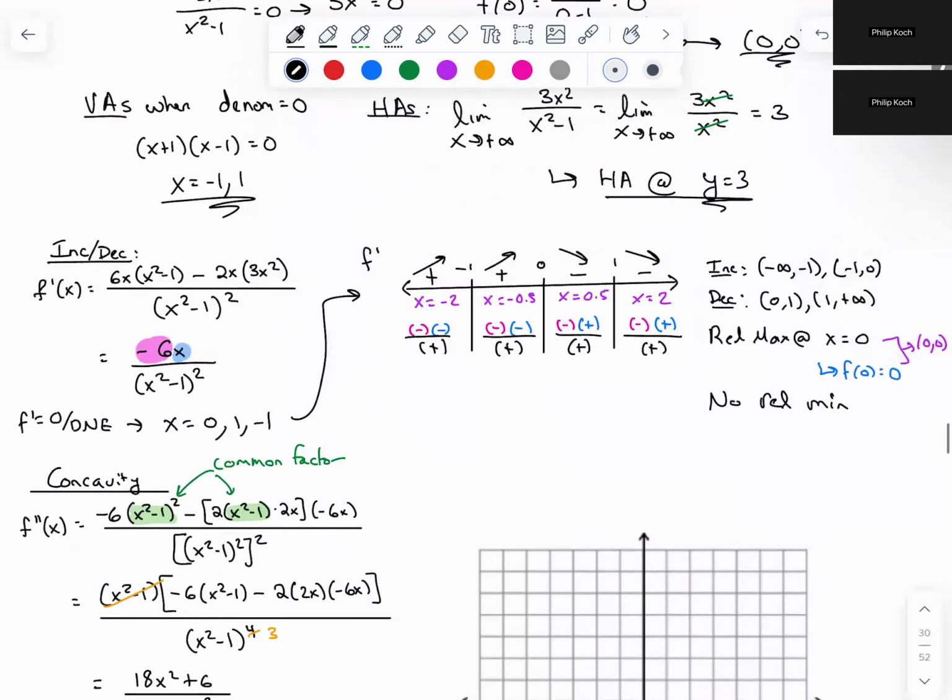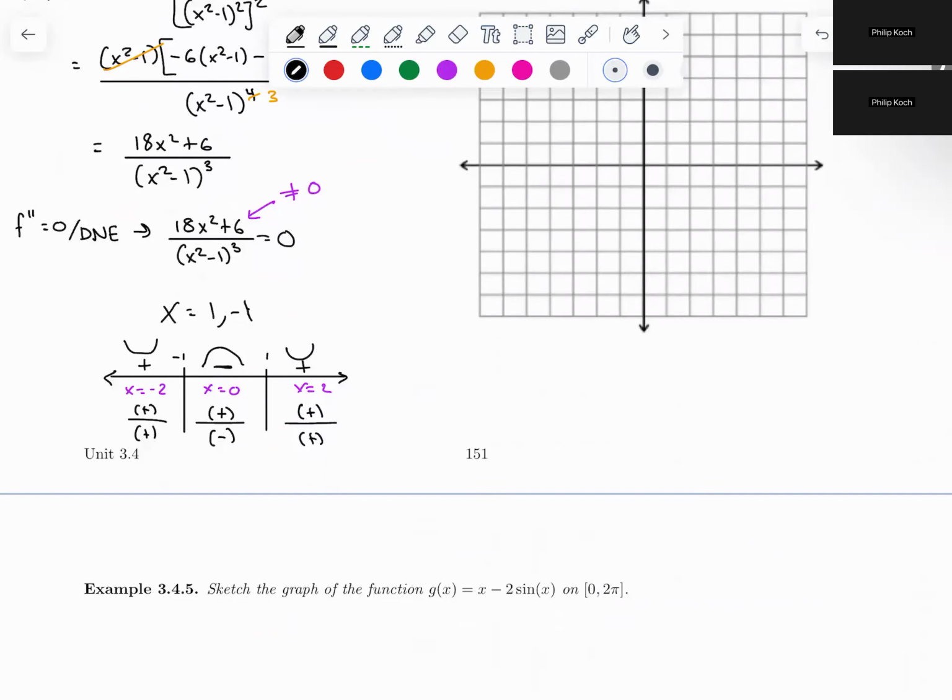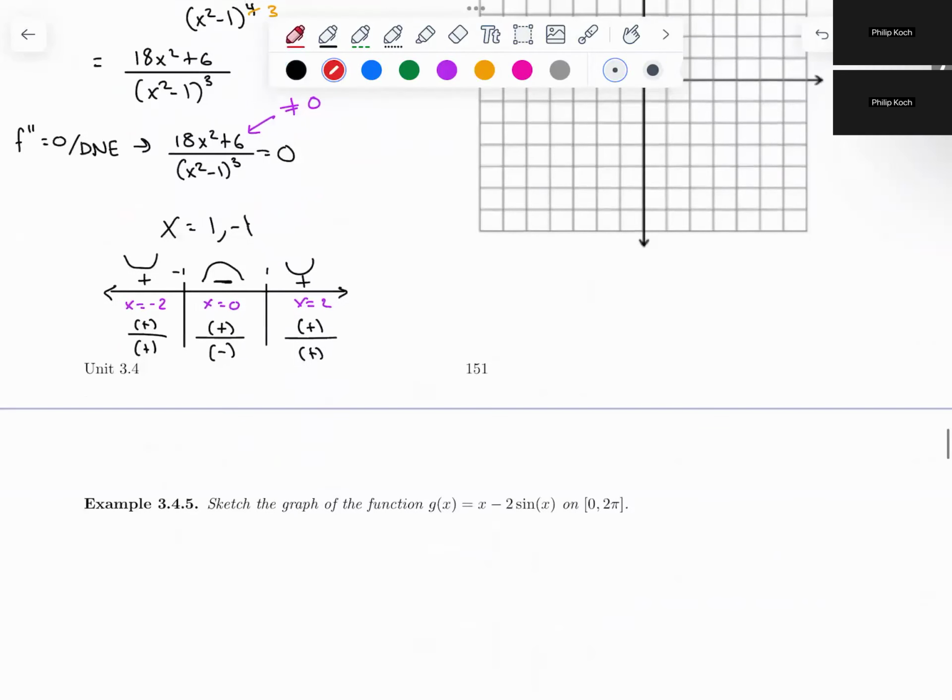In order for it to be an inflection point, you need the concavity to change, and the function needs to exist there. So we can even write that as a little note here. x equals 1 and -1 are not inflection points because f of plus or minus 1 does not exist.